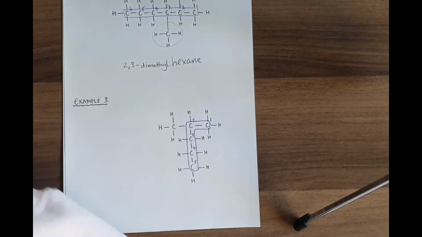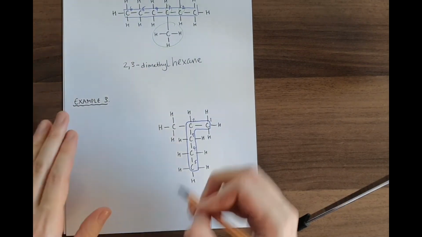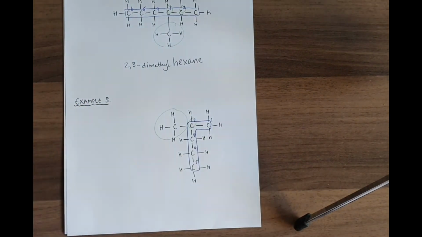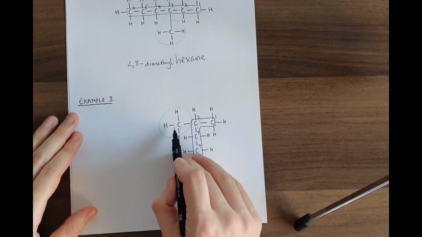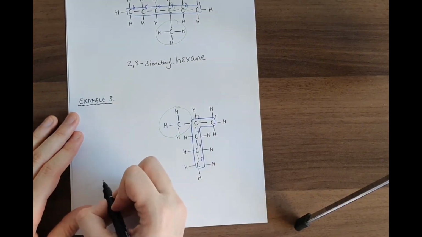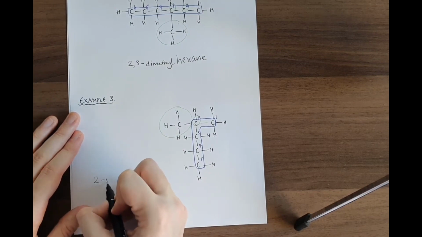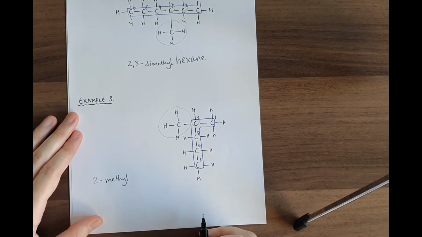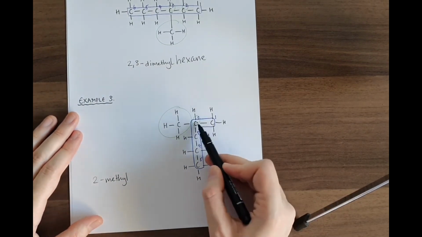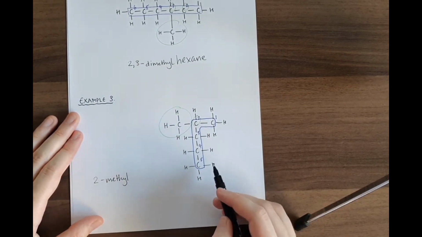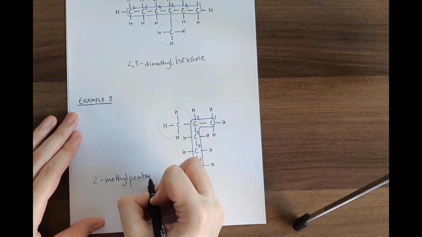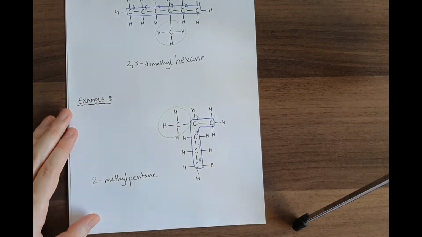And now the last step, identify and number any branches. Here's a branch right here, and it's on carbon 2. So we know the process by now. We have a methyl branch on carbon 2, so we're going to call this 2-methyl, and it's 1, 2, 3, 4, 5 carbons in the longest chain, and it's an alkane, so it's 2-methyl pentane.